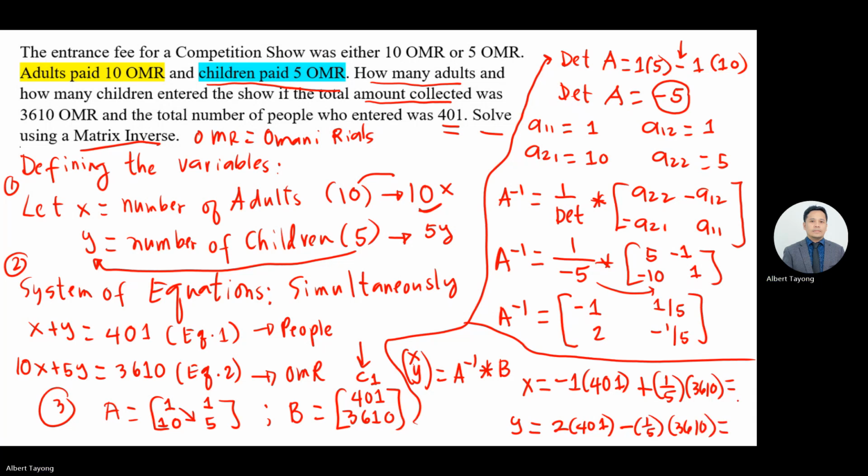Using your calculator or manually, the value of x is 321. It means that 321 adults enter the show and 80 for y.